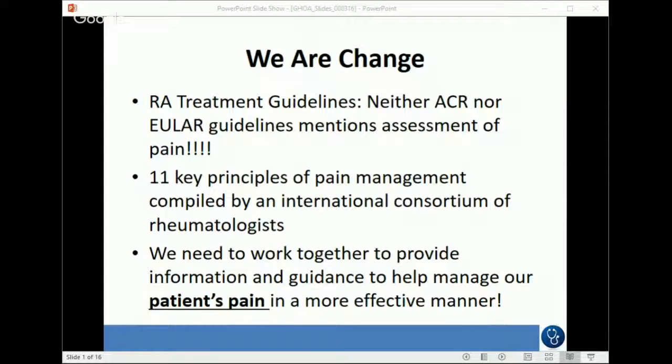There are 11 key principles of pain management that were compiled by international consortiums of rheumatologists. So we need to work together to add this criteria to ACR and EULAR guidelines. So we have a case study that Ellen and Sherry are going to help work through, and hopefully that'll help us all understand how we can effectively manage the pain for our patients a lot better. So let's get started, girls.